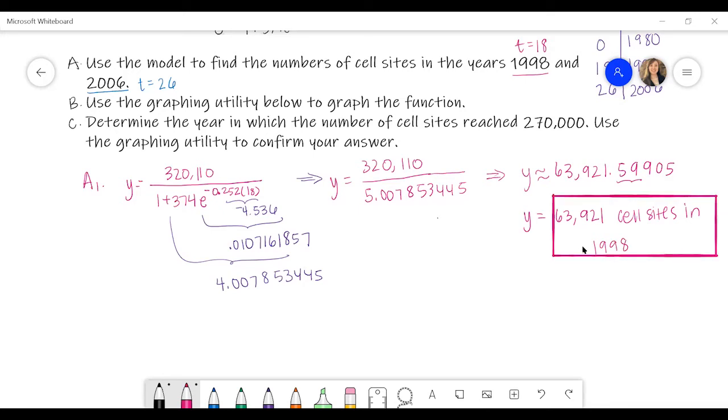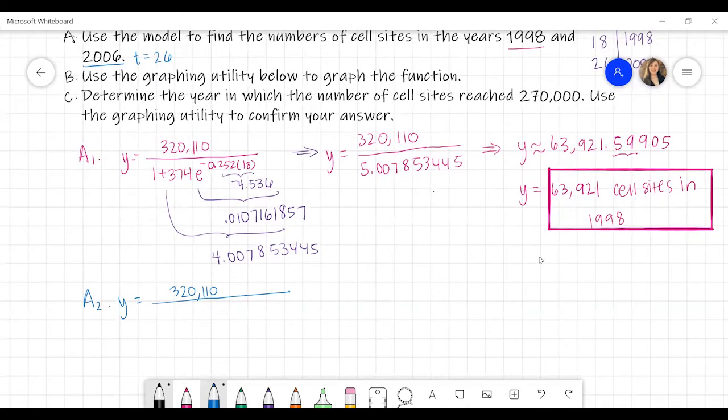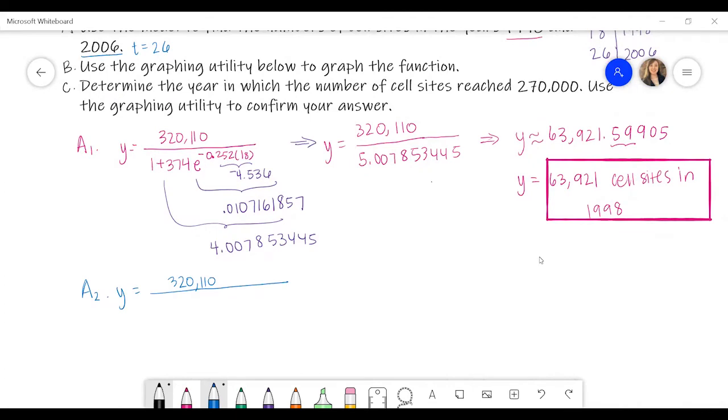Okay, we're pretty much going to replicate this process, but now we're going to use 26 instead. So let me call it A2. Y is equal to 320,110 again, right? Divided by 1 plus 374e to the negative 0.252.